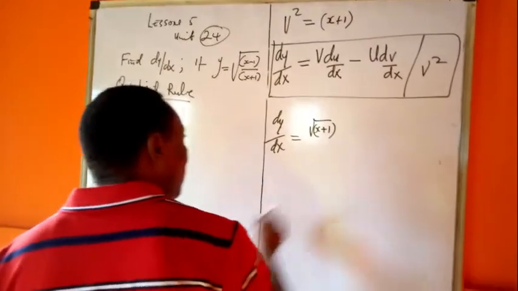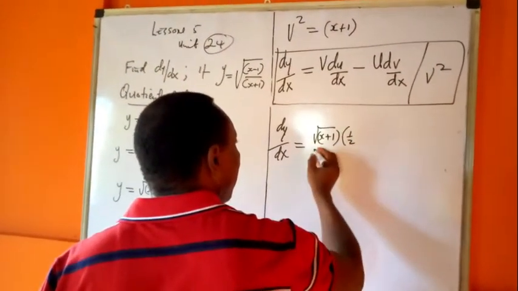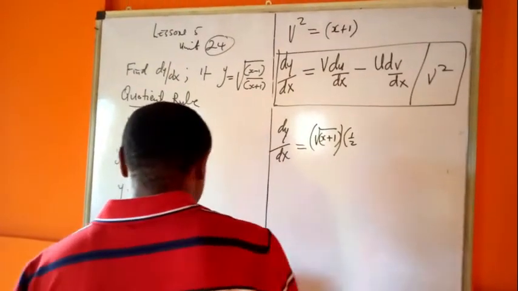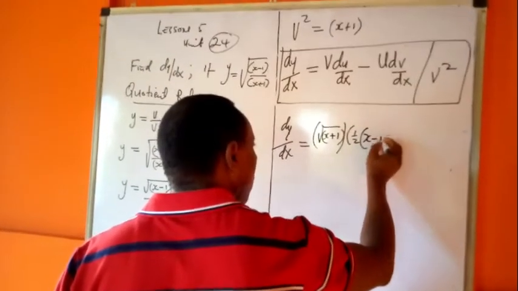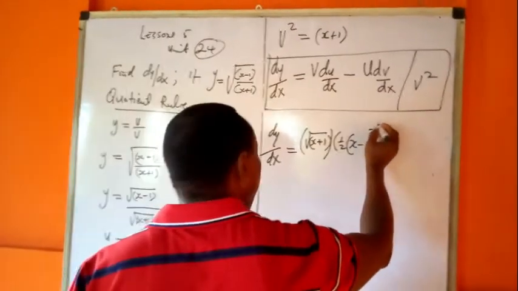Our du dx is half into x minus 1 raised to power minus half.